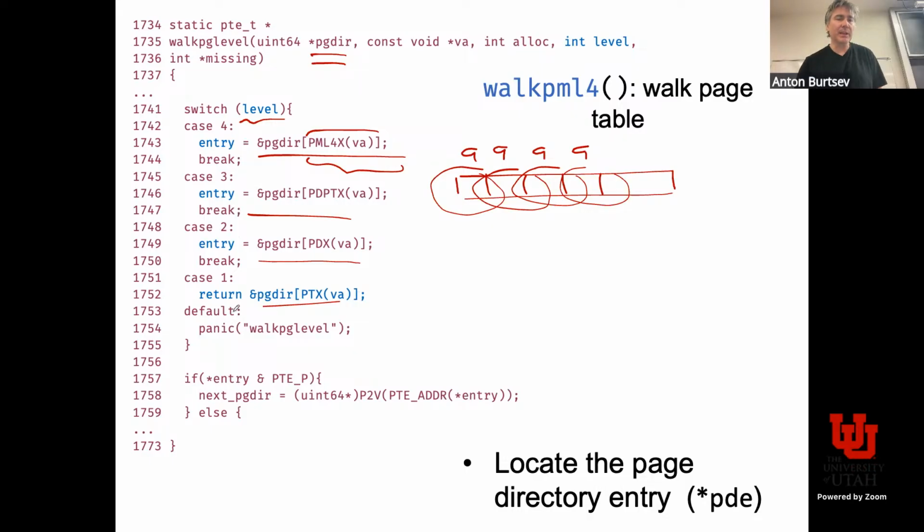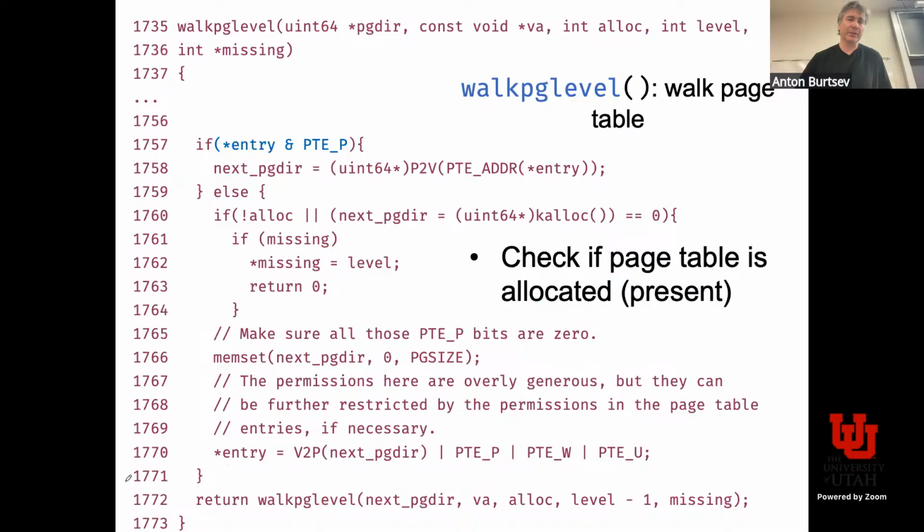However, it doesn't immediately return. Then it does this logic of, okay, what happens if this entry is not present, all right? And essentially, here we do all this additional logic. If there is a present bit, we just figure it out and go to the next level. If the present bit is not set, we allocate the next level, assign it to this pointer, next page table, set the next level to 0, right?